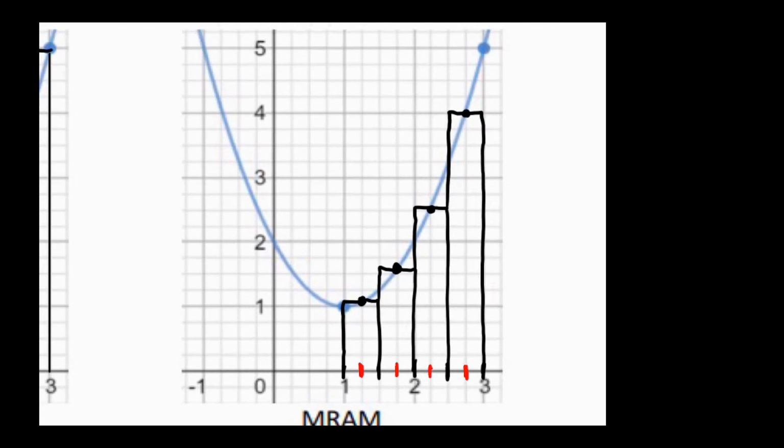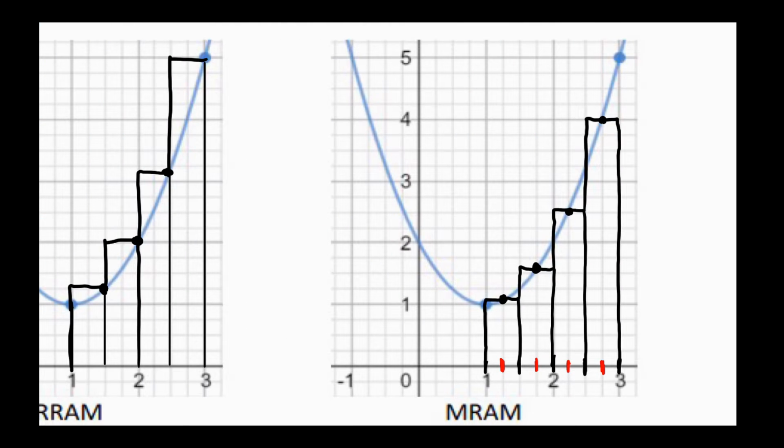So how are we going to find the height, for example, of the first guy? What can we do to find the height of the first rectangle? I'll give you a hint, you're going to use the red tick marks that I drew.